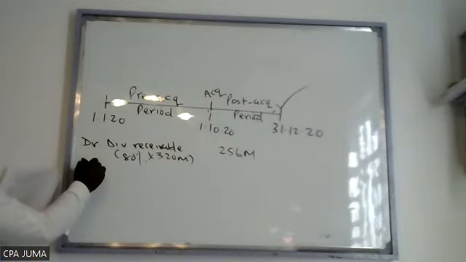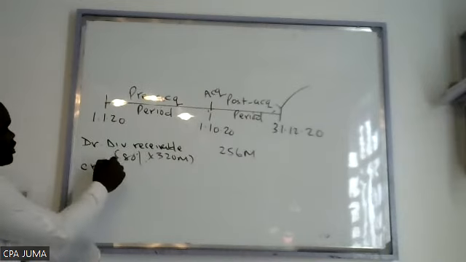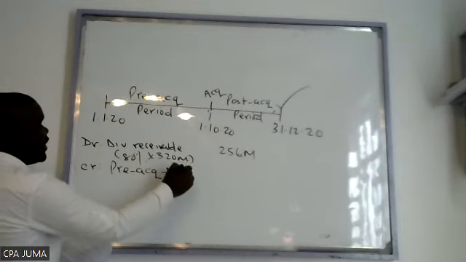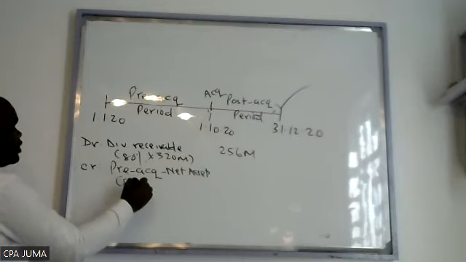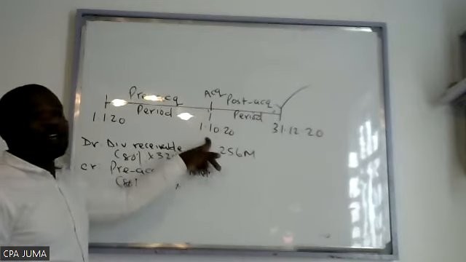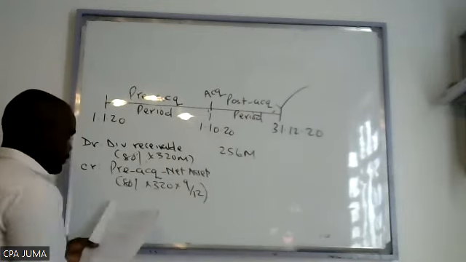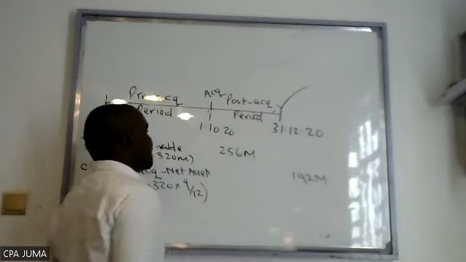Then they will credit cost of control with pre-acquisition, which they will recognize as net assets. That will be 80% of the 320, but this period, January to 1st October, is 9 months. So they prorate at 9/12, which is 192 million.